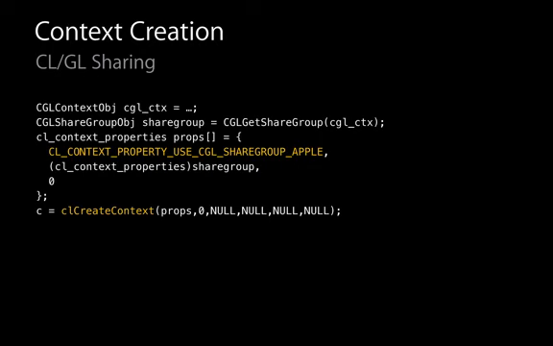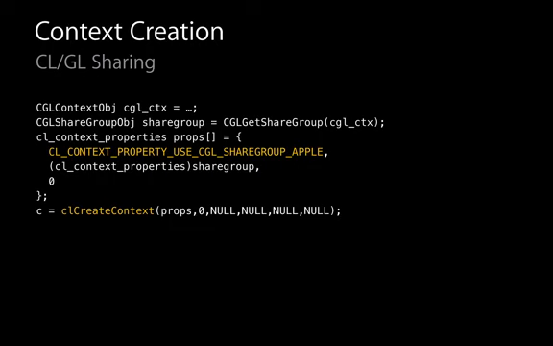Then I take the share group. Remember, the share group is that entity that we use to create a pair of contexts that operate on the same objects and use the same devices. I use that share group now with CL_create_context and another property list to create a CL context that contains the same devices that were in that original GL context.